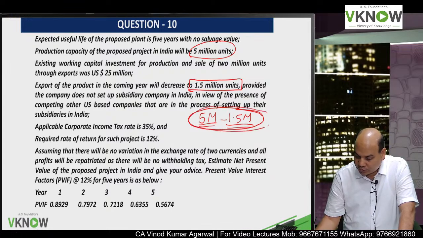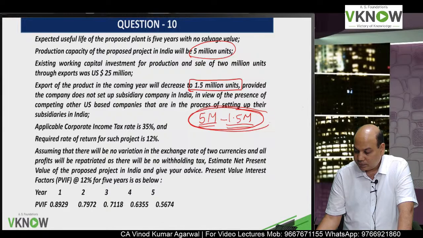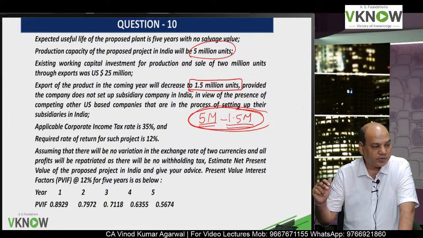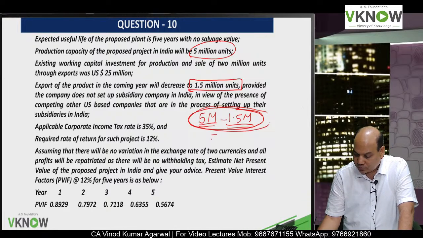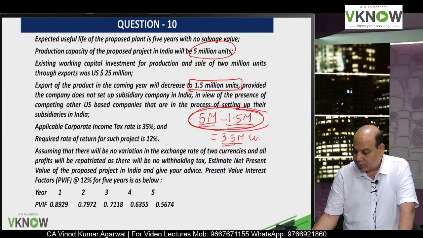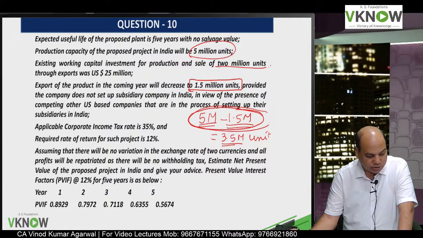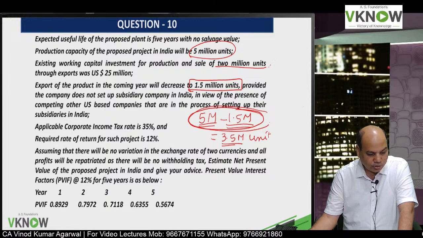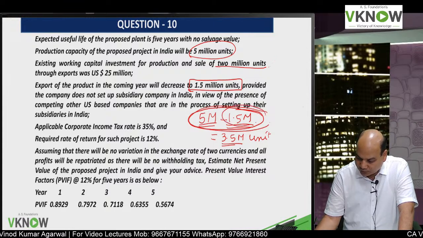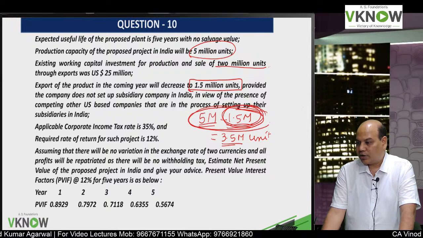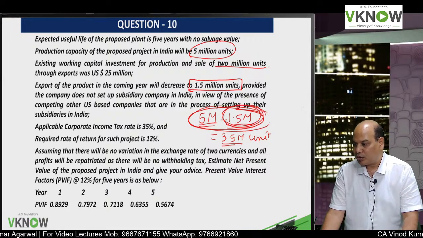More US companies will set up their operations in India. So by setting up this factory in India, the company is going to benefit in future 3.5 million units. So do not compare with 2 million units because it was in the past. You have to compare with 1.5 million units because that is the future sale projection.